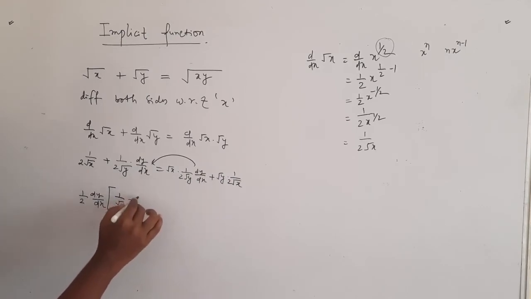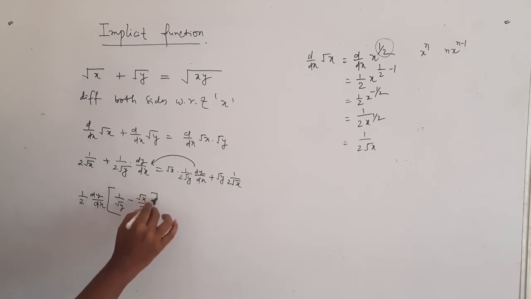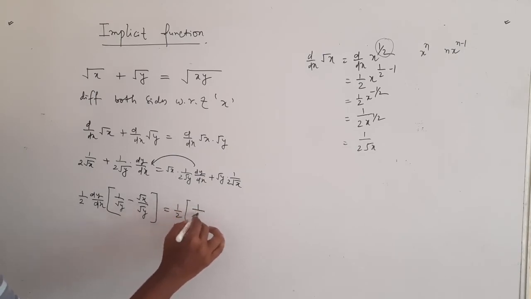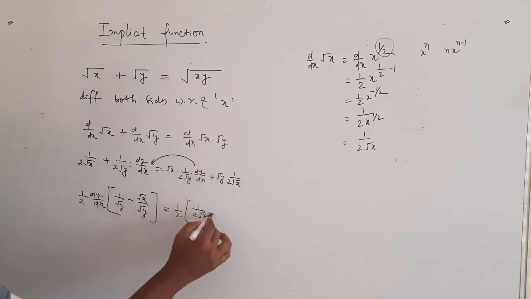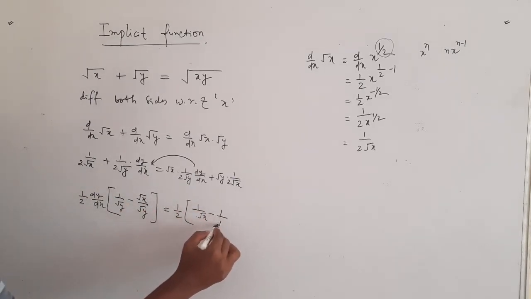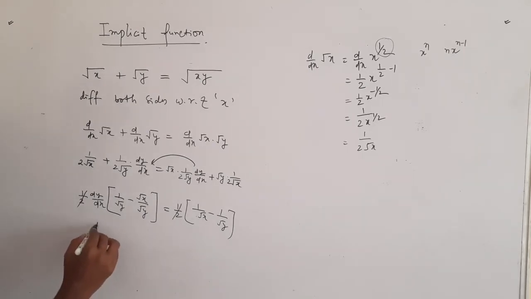This one comes on this side, becomes root x upon root y, equal to this one as it is. Again I'll take half common from this also, 1 by 2 root x, and this one comes on this side, and since half has already been taken common, it is 1 by root y. Now this half cancels.